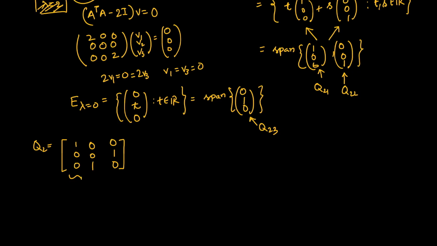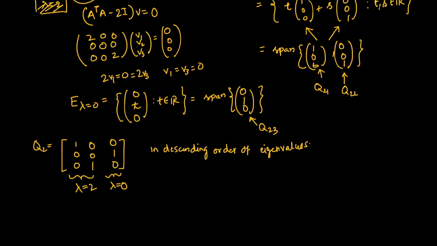So the first two columns correspond to the eigenvalue lambda equal to 2, and the last one corresponds to the eigenvalue lambda equal to 0. Also, we write the columns in descending order of the eigenvalues, right? So we write it in descending order of eigenvalues.